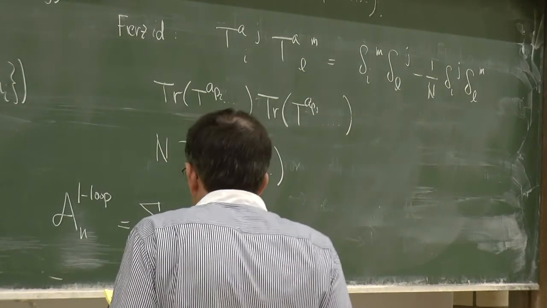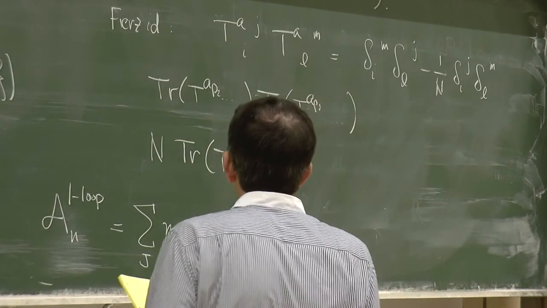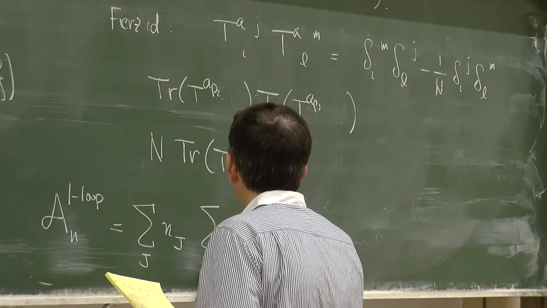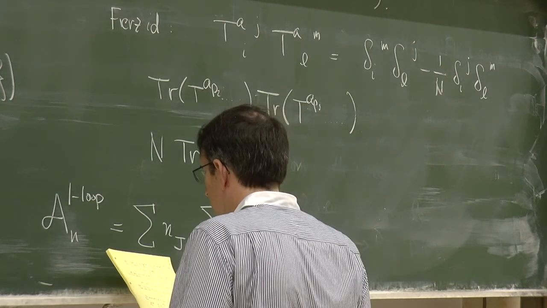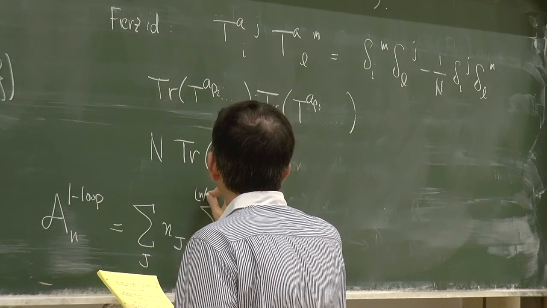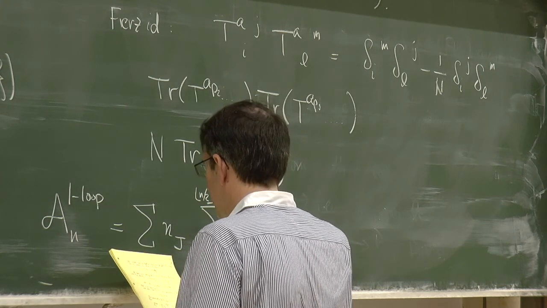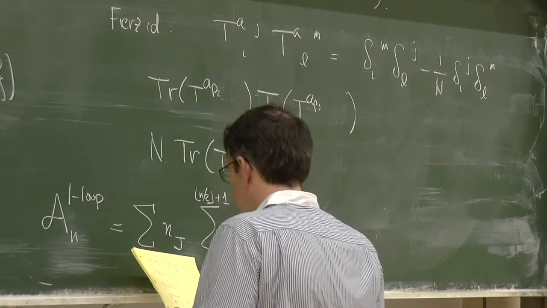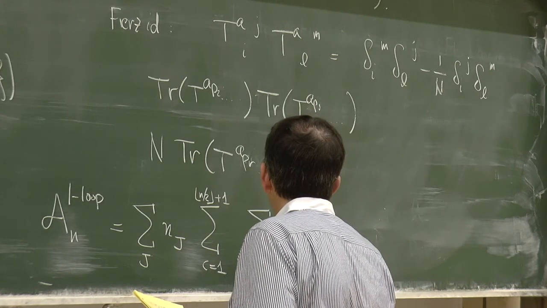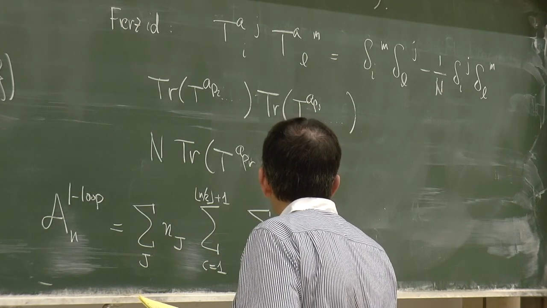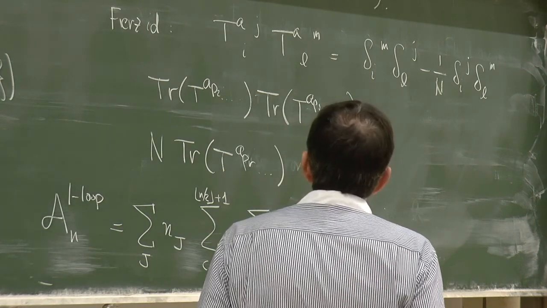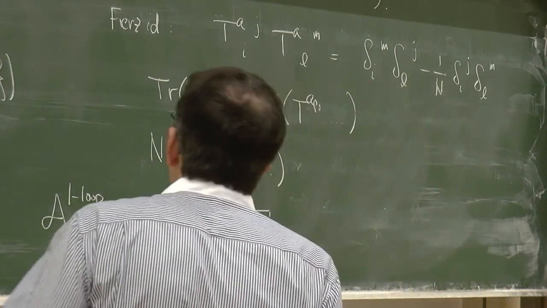I'm going to write down one thing which I haven't explained yet, and I'll explain it later, although I think some people can guess. I'm going to label the different classes of color traces by the index C. And then we're going to again have a sum over permutations. But now we're going to mod out by a more complicated set, not just the cyclic set.